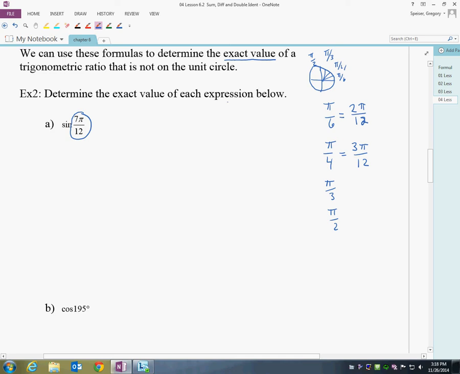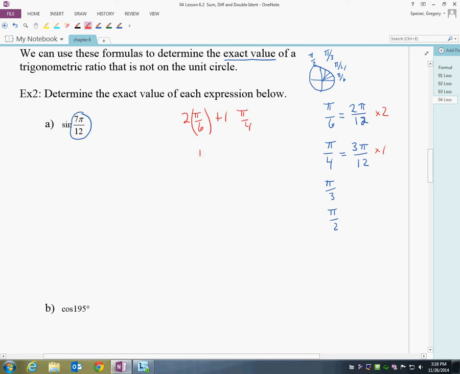So I'm looking at how, using 2's and 3's, I make a 7. I could say 2 plus 3: I could use 2 of these and 1 of those, and then add them together. In other words, I could take 2 pi over 6's plus 1 pi over 4.